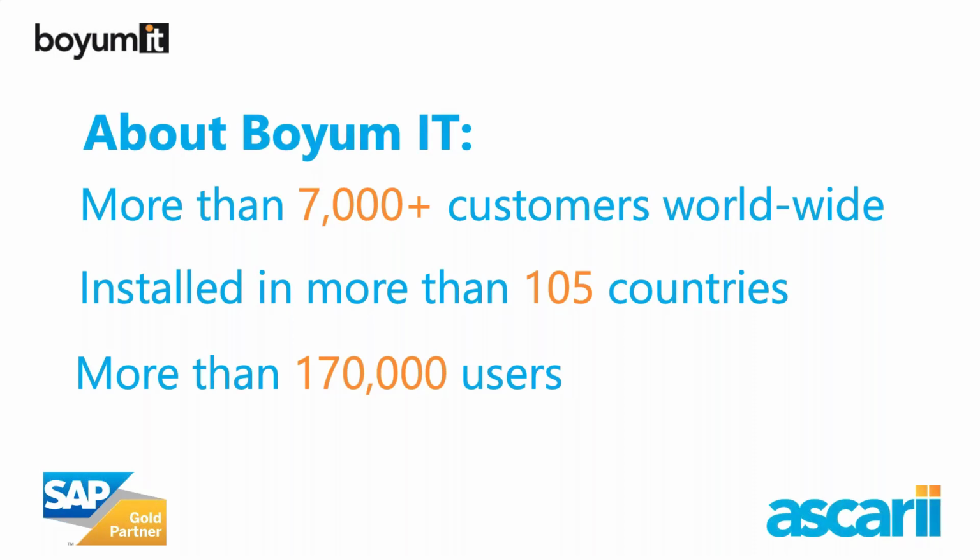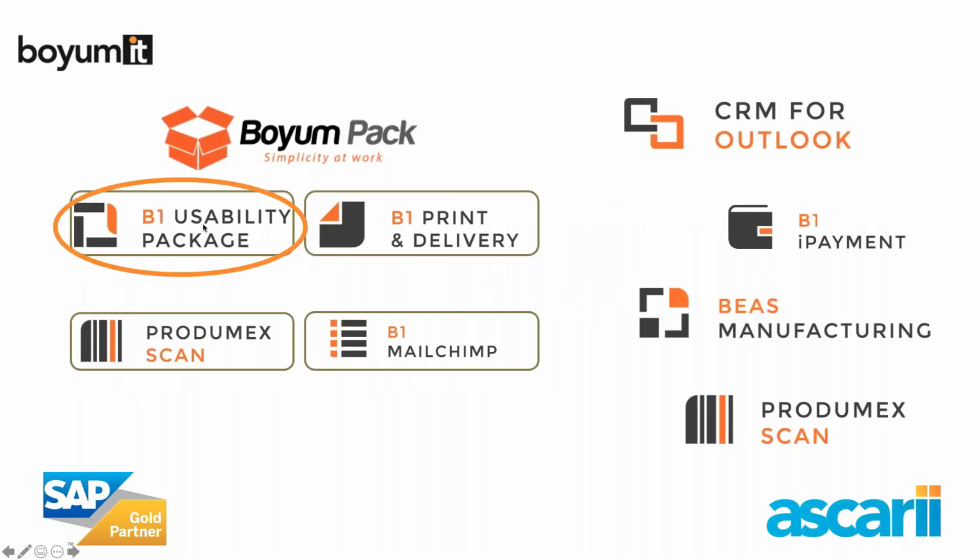It's highly recognized as an essential investment in the Business One world. The B1 Usability Package you can see here is actually one of only many things that Boyum can do for your business. So I'm going to make you a presenter now, Rosie, and let you take over.